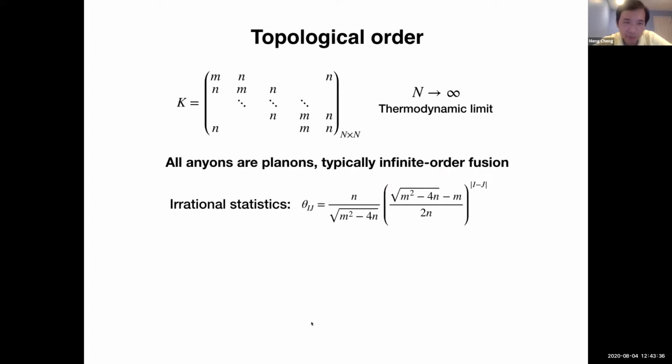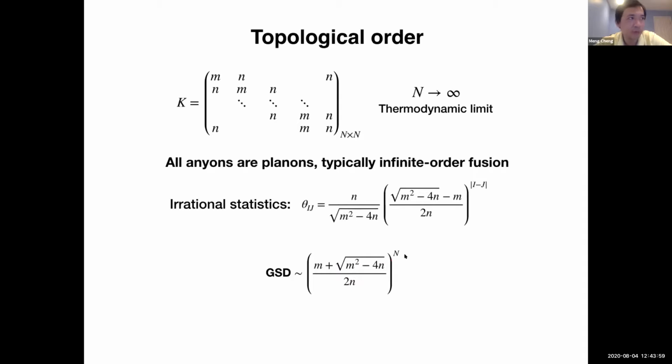You can calculate statistics between anyons and also ground state degeneracy, which grows exponentially. I mean, with some corrections that I ignore, I only keep the leading terms in the expression, but the base of this exponential growth is actually an irrational number in general.